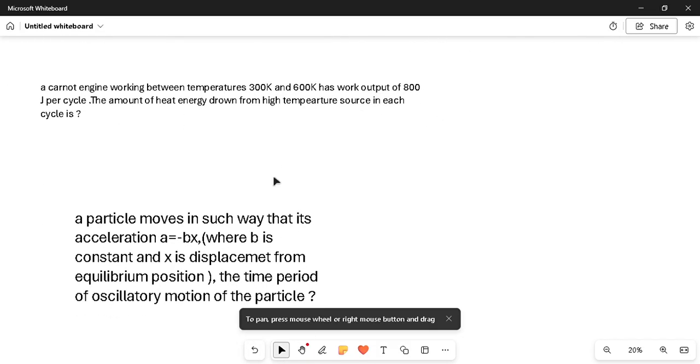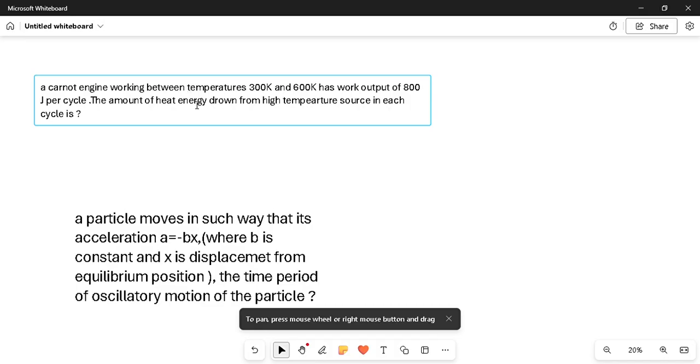Good. A Carnot engine working between the temperatures 300 Kelvin and 600 Kelvin has a work output of 800 joule per cycle. What is the amount of heat energy drawn from the high temperature source in each cycle? Again I read this question, from thermodynamics.